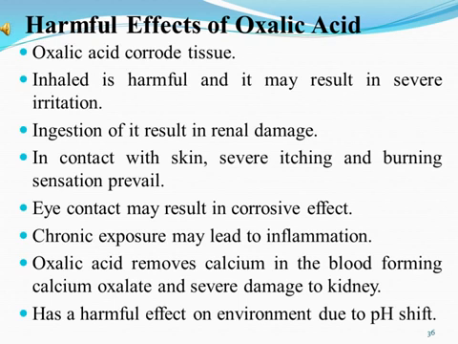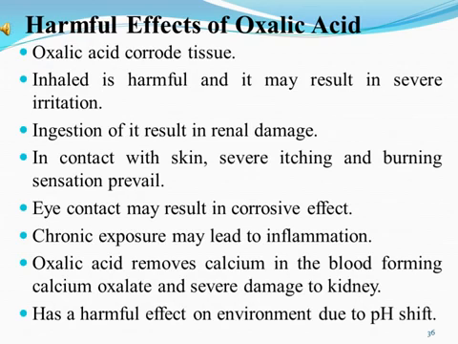Now, what are the impacts of oxalic acid on our health? Number 1. Oxalic acid corrodes tissue. Inhaling is harmful and it may result in severe irritation. Ingestion of it results in renal damage. Renal means kidney damage. In contact with skin, severe itching and burning sensation prevail.